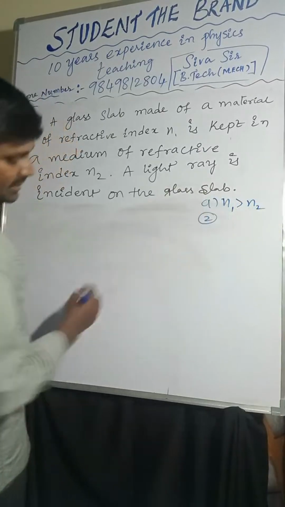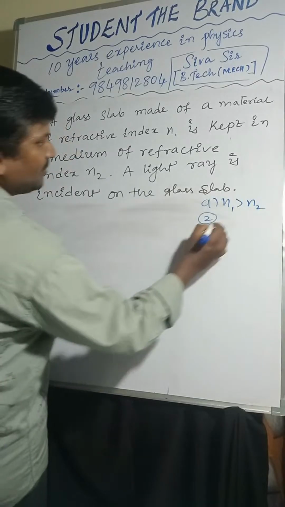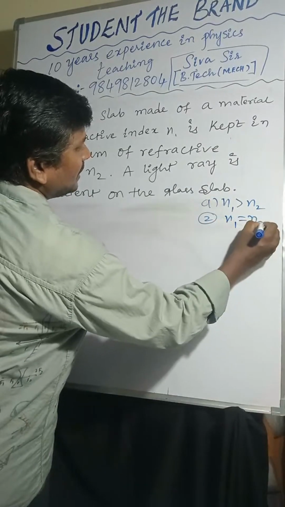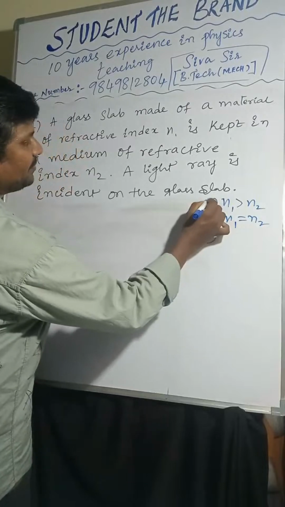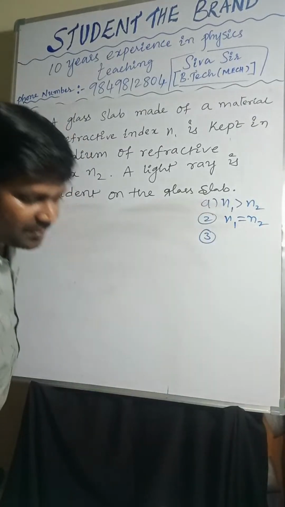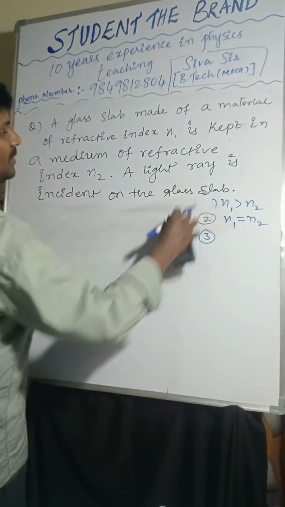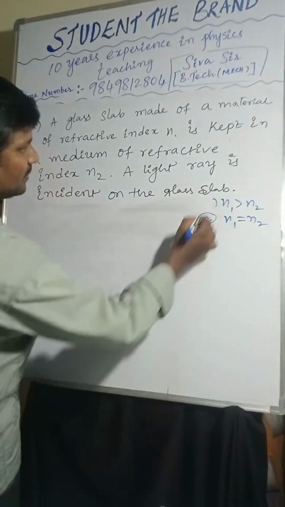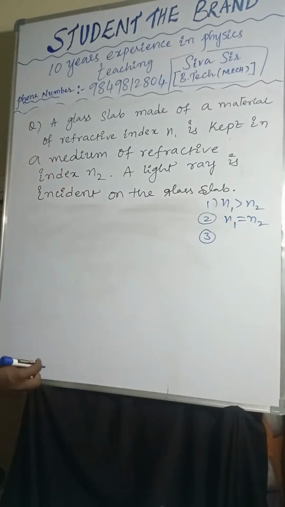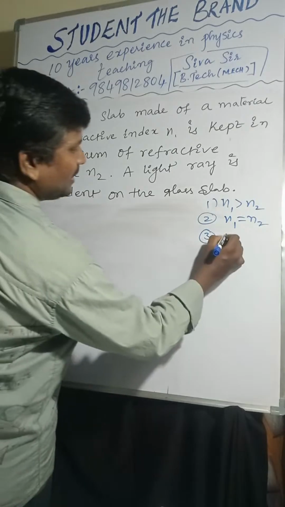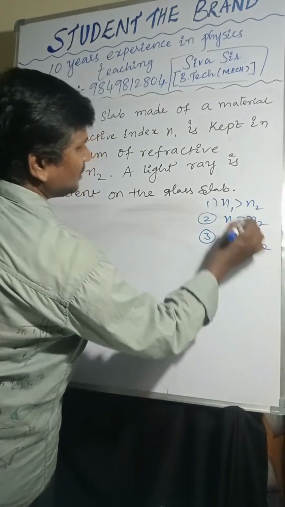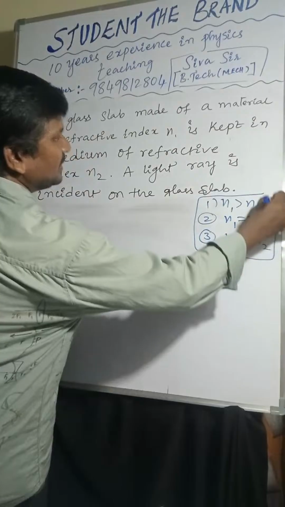The second condition is N1 equal to N2. And the third condition is N1 less than N2. Okay, so these are the conditions.